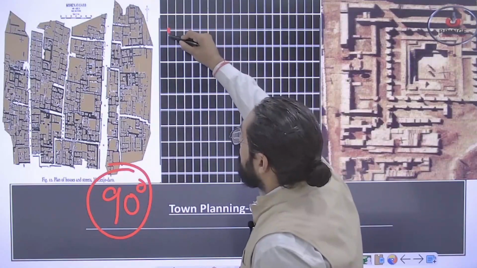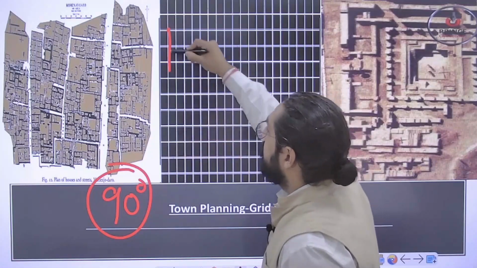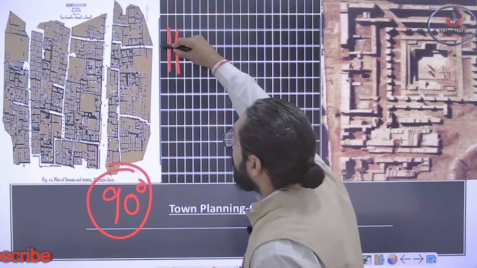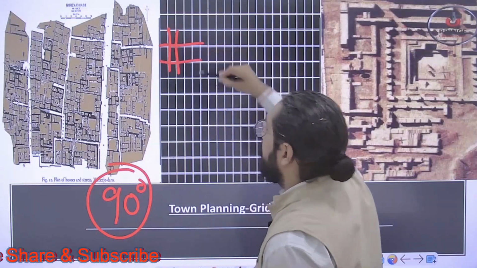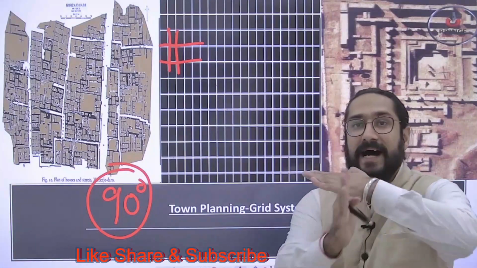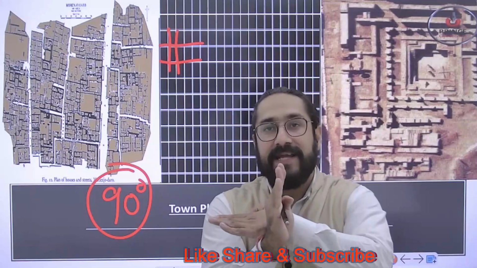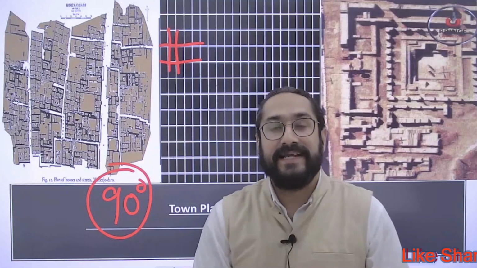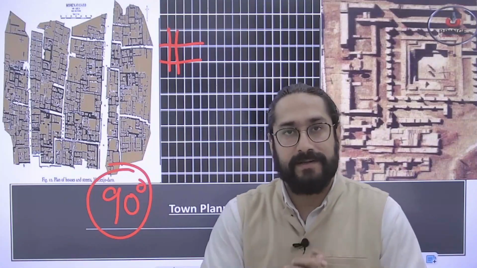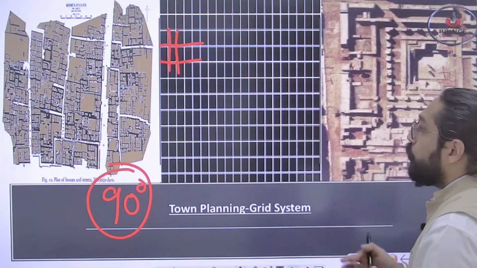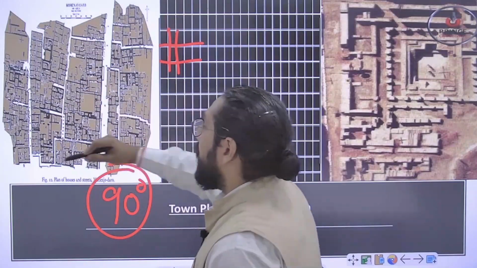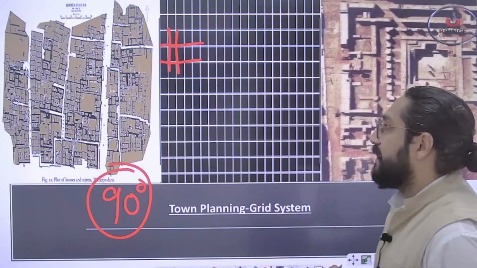Just imagine this is one street and this is second street. These are vertical. Then you have got one street here. So they are almost cutting each other at 90 degrees, or they are cutting each other perpendicularly. You can also see here, these are some of the streets and they cut each other at 90 degrees.